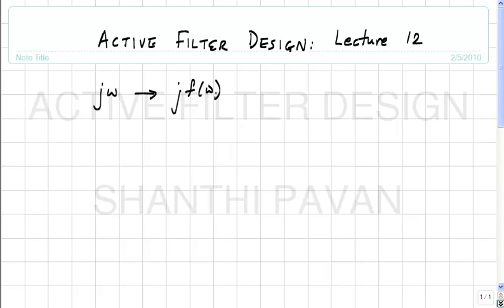And since the only lossless elements we know at this time are inductors and capacitors, it thus follows that j times f of omega is simply the impedance of a combination of inductors and capacitors. In other words, j times f of omega is nothing but the impedance of a lossless LC network.